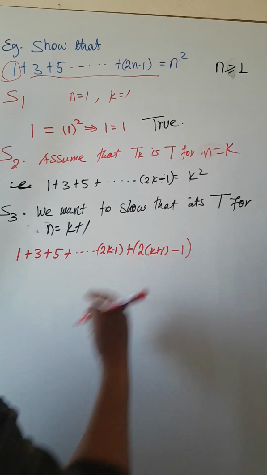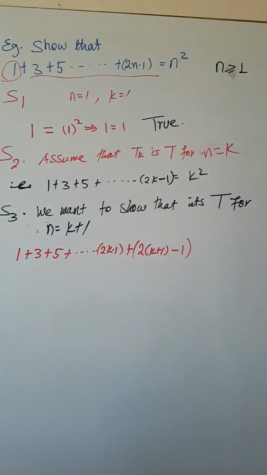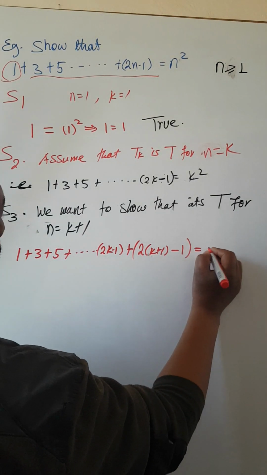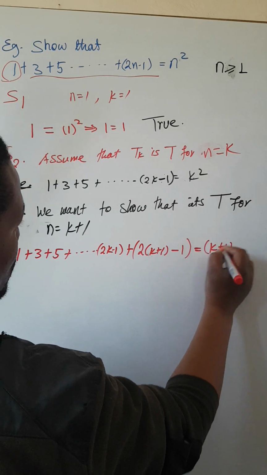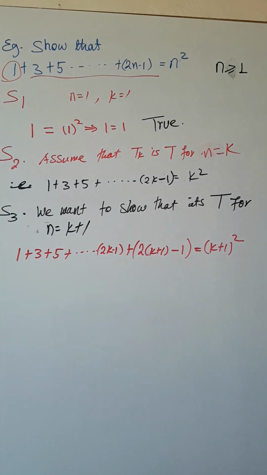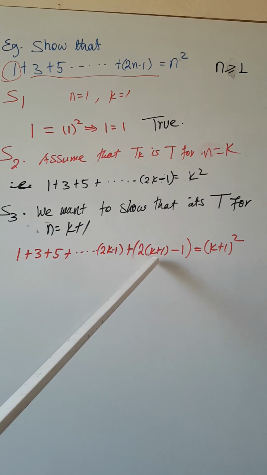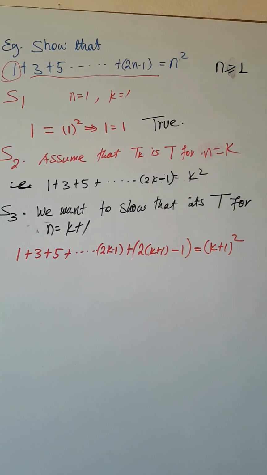This is the k plus 1 term, and this is equal to k plus 1 squared. This is the k's term, and now this is the k plus 1's term.